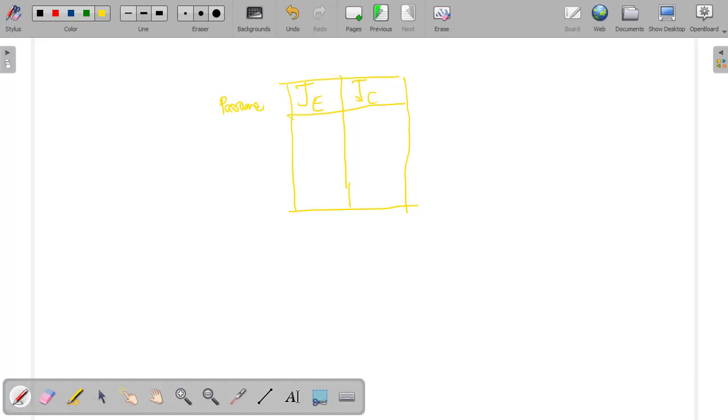I am making a table. Parameter, I am taking voltage first.